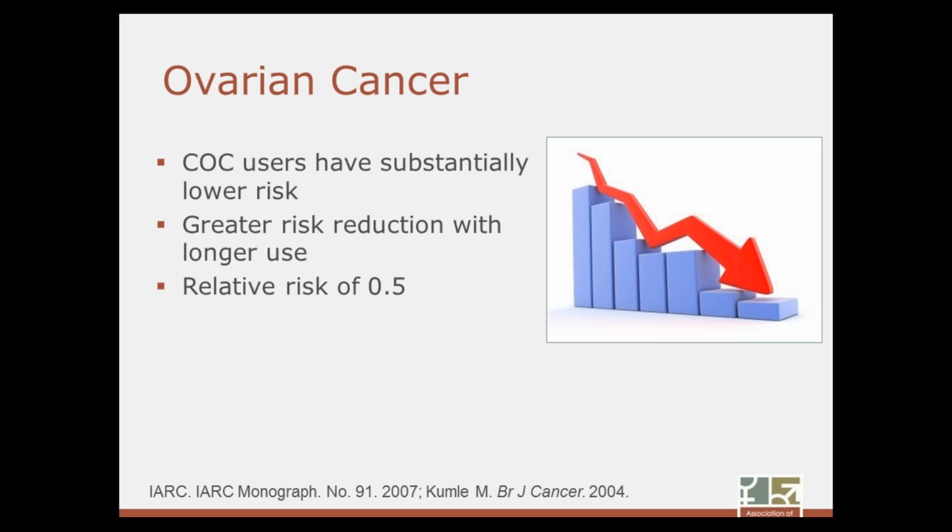However, remember we talked about how we can get into trouble if we're just talking about our risk reduction and not speaking about our absolute risk. So in this study of more than 103,000 women in Norway and Sweden, aged 30 to 49, only 214 developed ovarian cancer over the course of a 10-year study. So the absolute risk of ovarian cancer for women in the study was 0.2%, or 2 per 1,000.